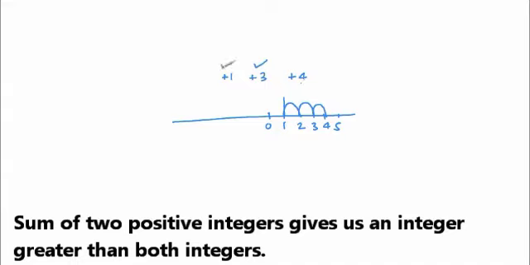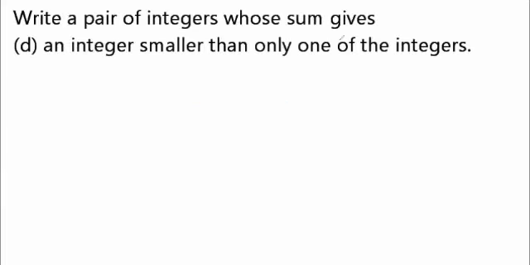So to get an integer greater than both the integers after the sum, we need to have both the integers positive. Now we know to get an integer smaller than both the integers, we need to have both negative integers. So if we want smaller than, both should be negative integers. If we want greater than, both the integers should be positive.